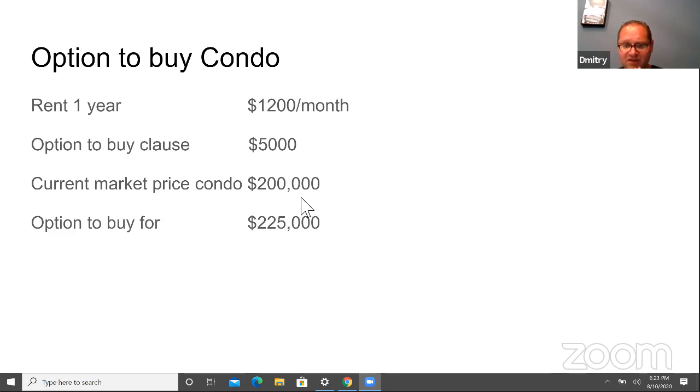So if today this condo goes to 250,000, if it's American exercise, I don't have to wait till the end of the term. I could just say, you know what, I want to exercise my option. Here's your 225 grand. I want the condo, and I get to do whatever I want with it. I could live in it, continue renting it, but it's mine. I'm not going to even wait till the end.